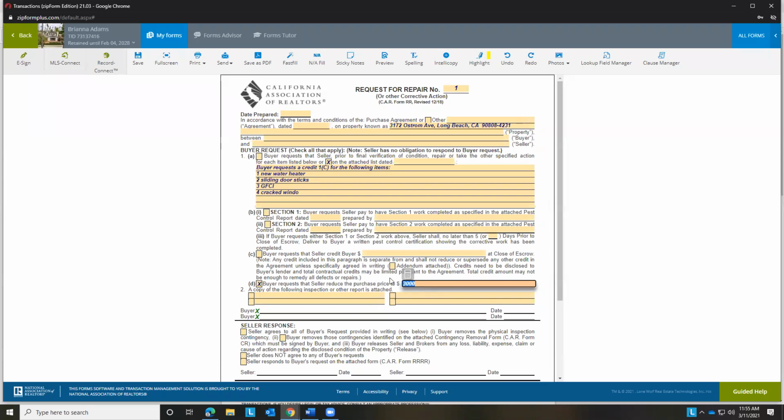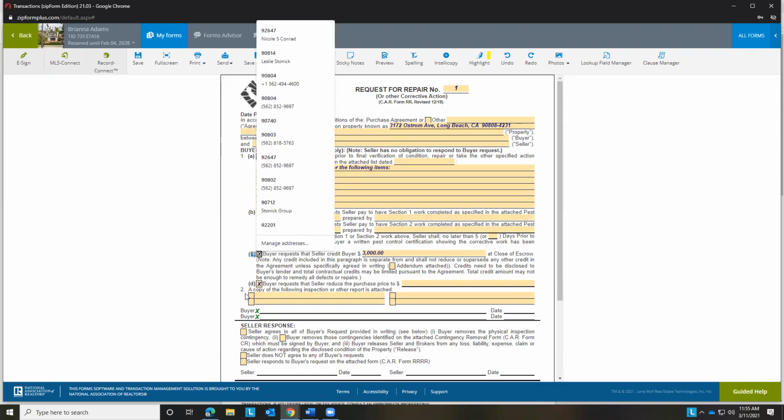I just wrote this in the wrong place. $3,000 for the following items. So you can list what's wrong and why you're asking for the credit, but there's no confusion as to whether you want them repaired and the credit.